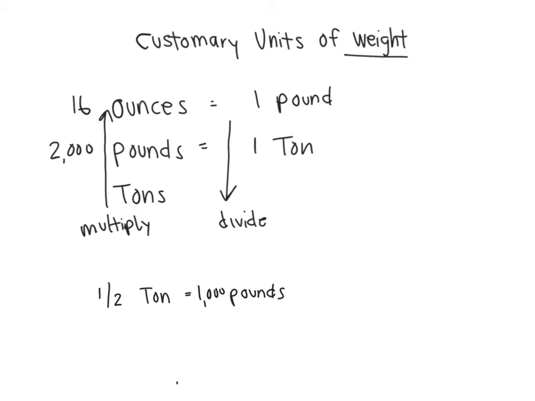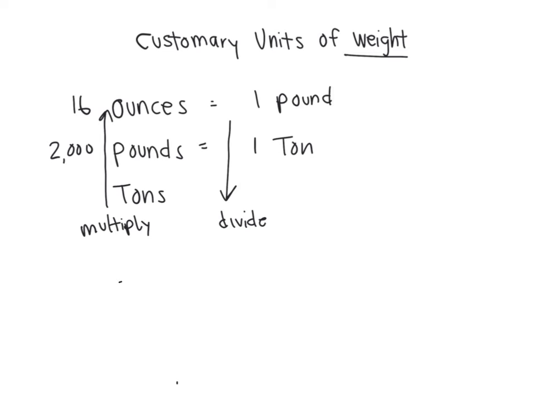Now, sometimes you'll have a remainder, like it won't come out evenly. So for example, we'll go with the one we just had. We knew that 4 pounds was 64 ounces.